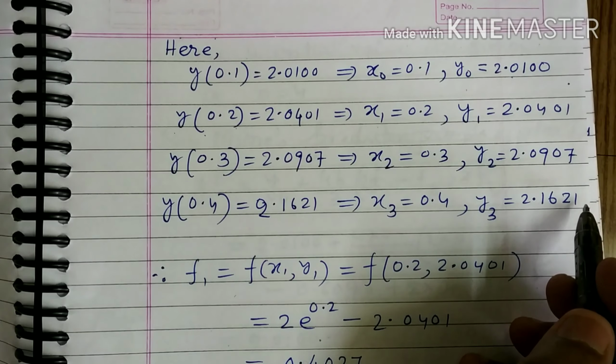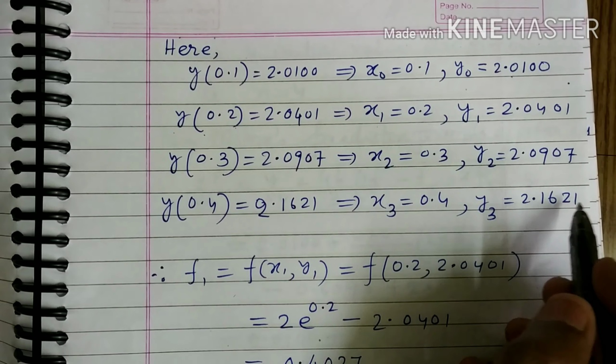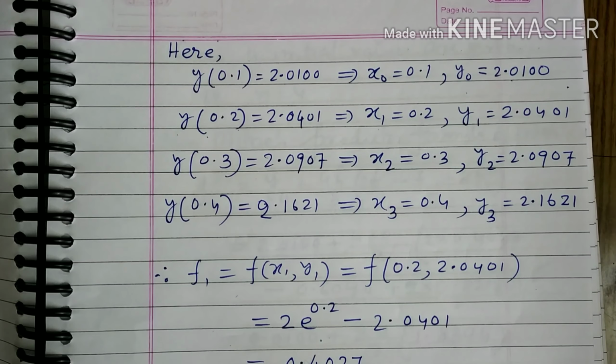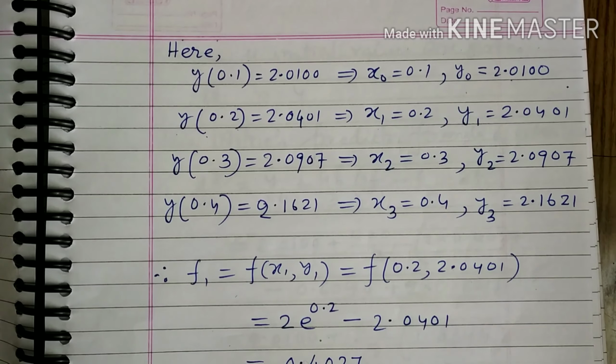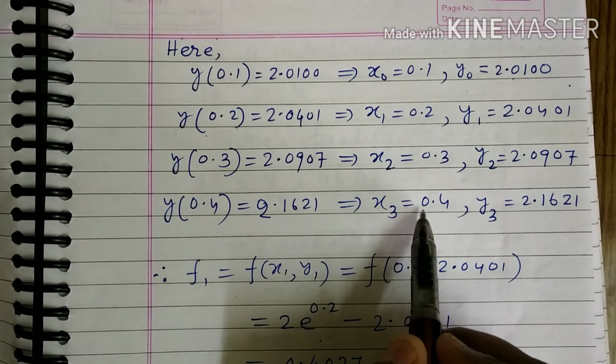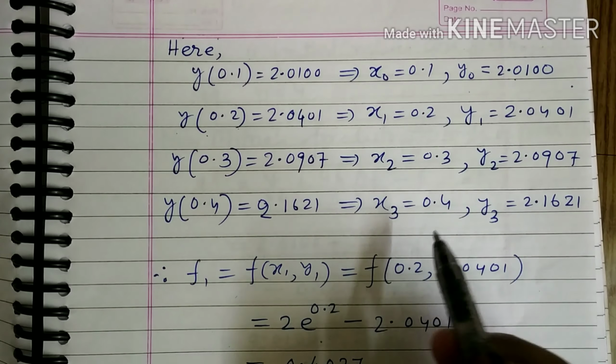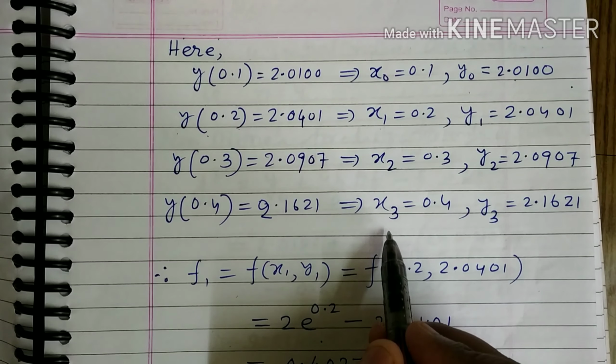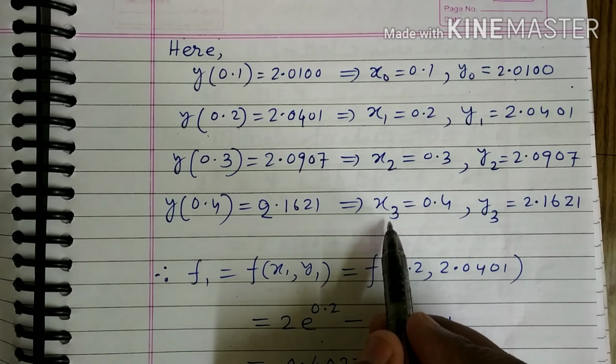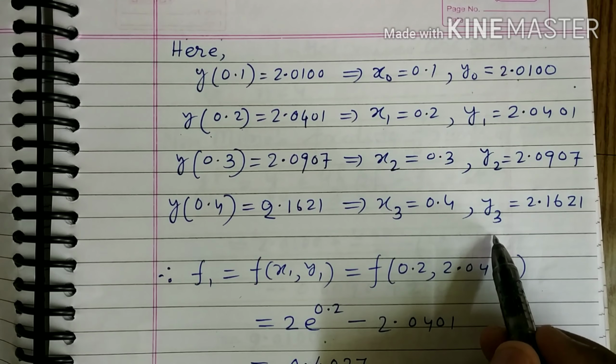Okay, what is our target? We want to find the value of y at x = 0.5, that is x4, because x3 is 0.4. So y4 is what you want to calculate.